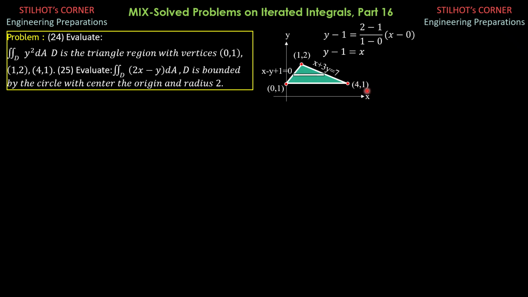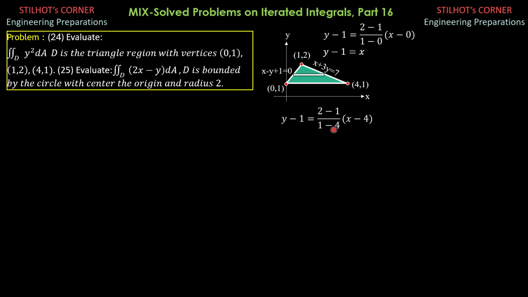Likewise, I'll select 4, 1 as point 1. So y minus 1 equals slope, which is 2 minus 1 over 1 minus 4, and quantity x minus 4.